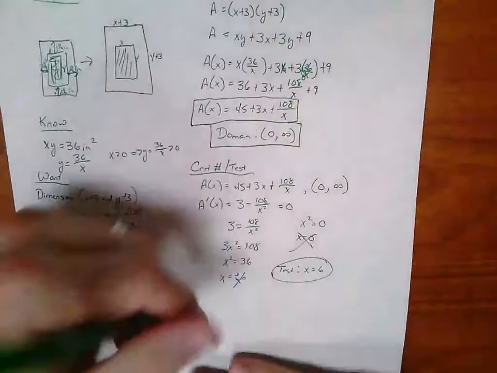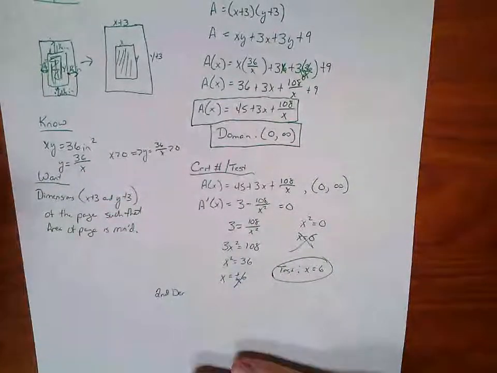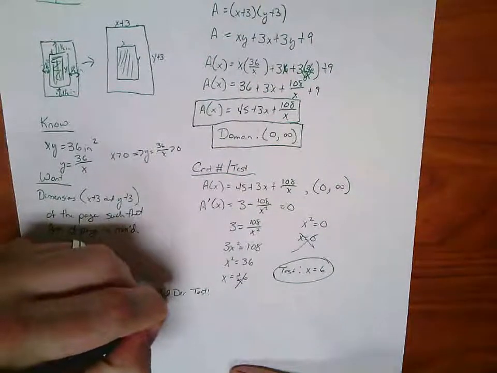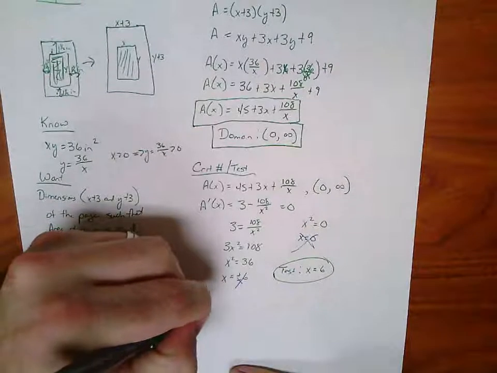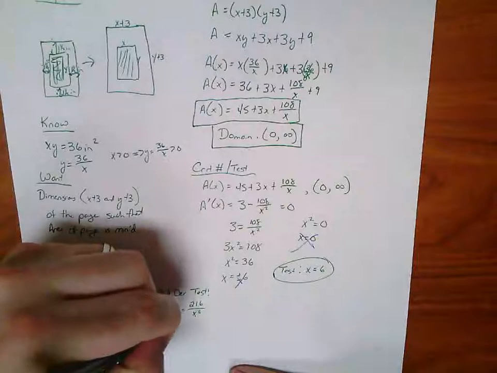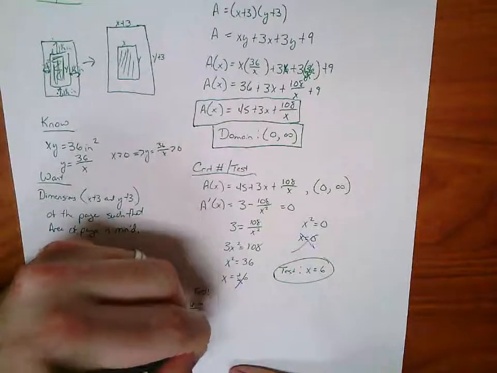So then let's do our second derivative test. A double prime of x is 216 over x cubed. So a double prime of 6 is 216 over 6 cubed.